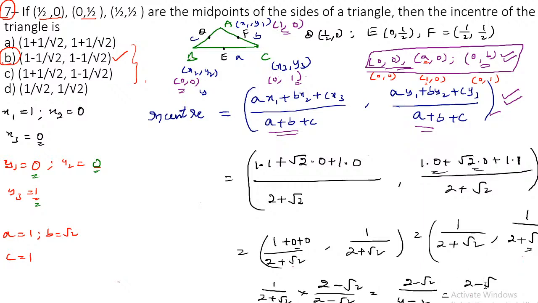This is equal to 2 minus root 2 by 4 minus 2 is 2. So this is equal to 1 minus 1 by root 2. So the x coordinate and y coordinate are same, 1 minus 1 by root 2. So option B is the correct answer.